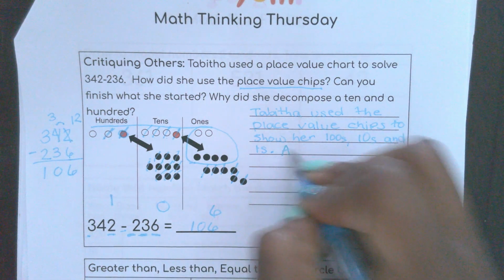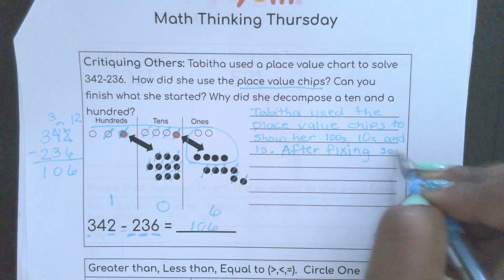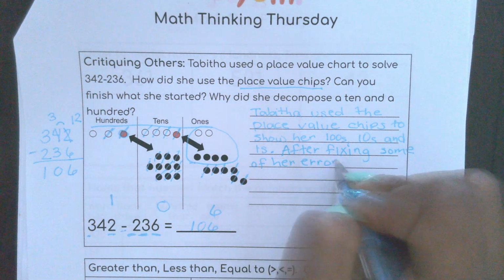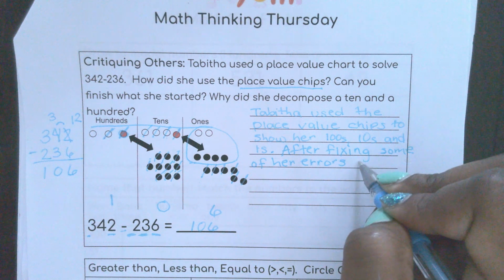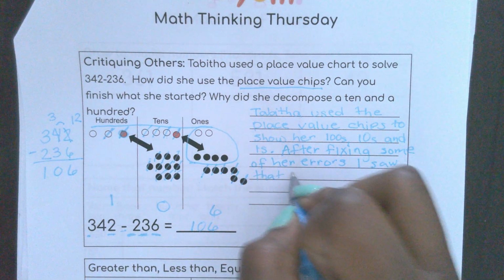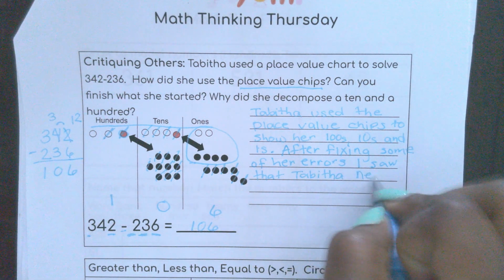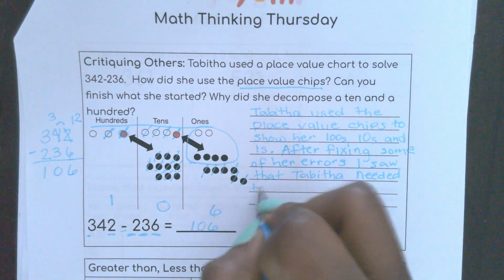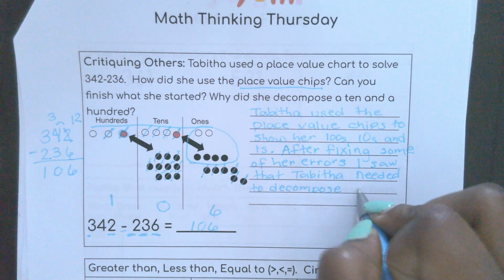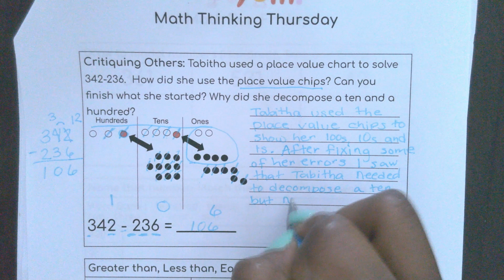So after fixing some of her errors, I saw that Tabitha needed to decompose a 10, but not 100.